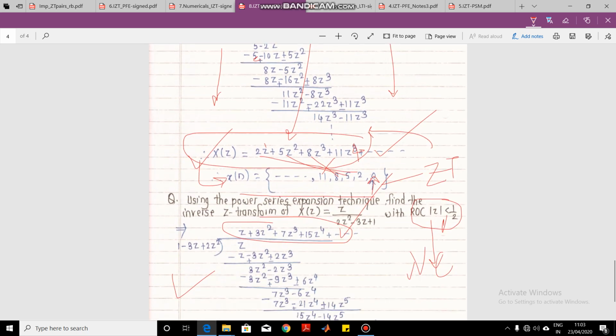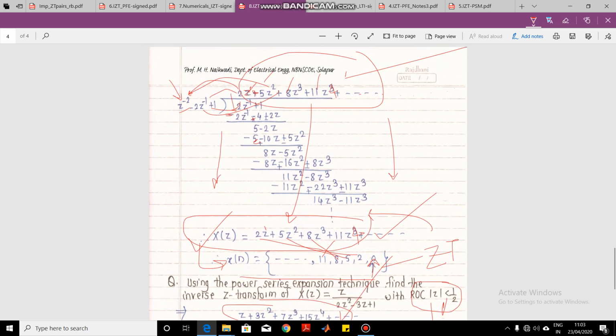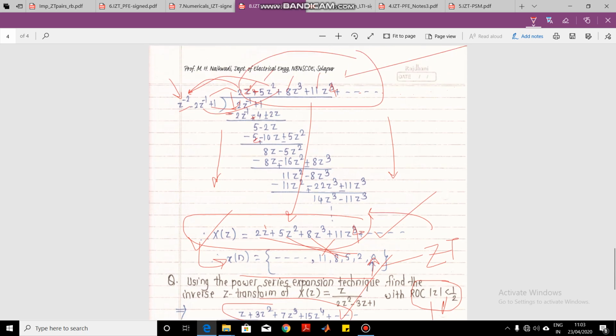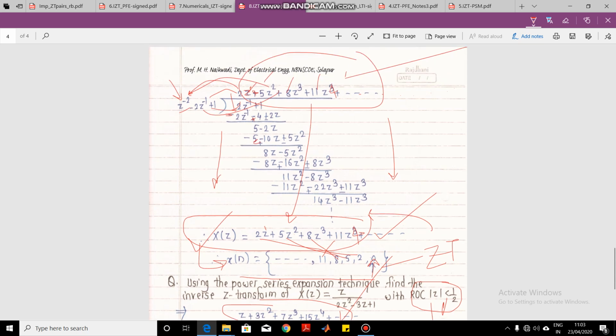And remember that the rearrangement of the polynomial should be such that it is based upon whether in the quotient we are getting positive or negative powers. Here there was a negative power, so we multiplied with z.